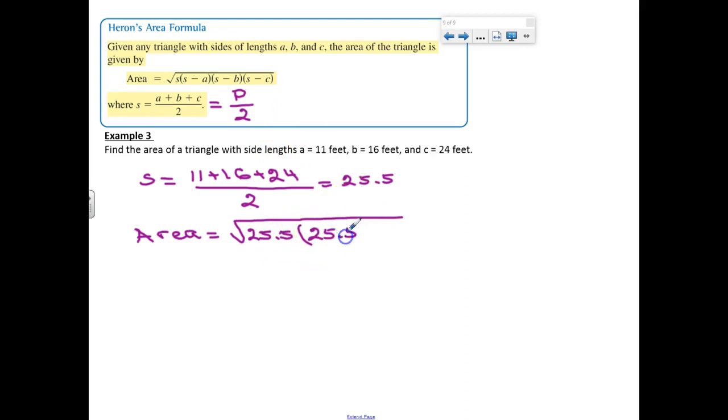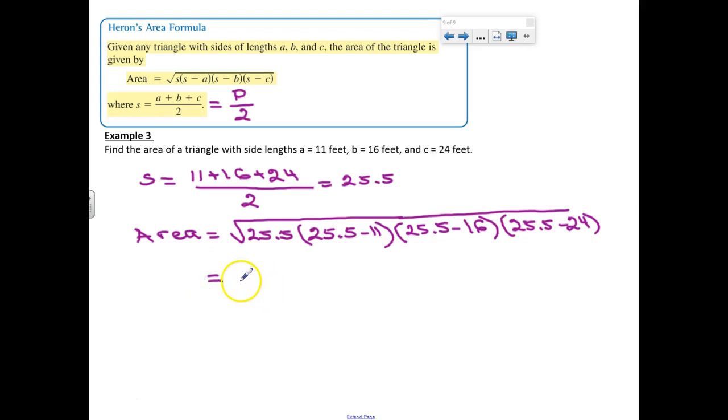So 25.5 minus 11 times 25.5 minus 16 times 25.5 minus 24. Certainly you can put the whole expression in your calculator. Please be very careful with the parentheses if your calculator uses those.